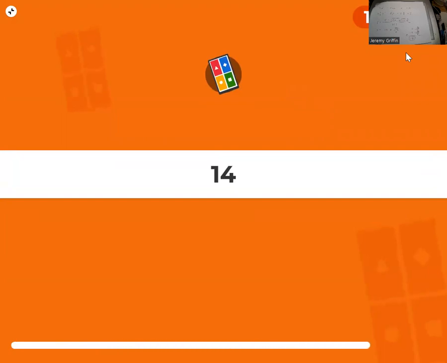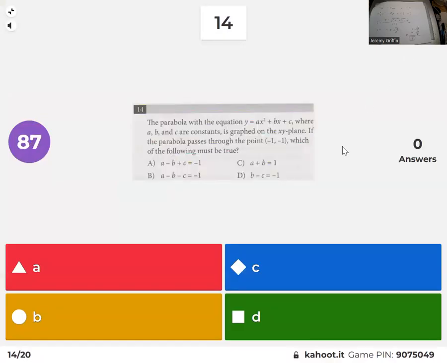Number 14. A parabola with that equation, where a, b, and c are constants, is graphed.